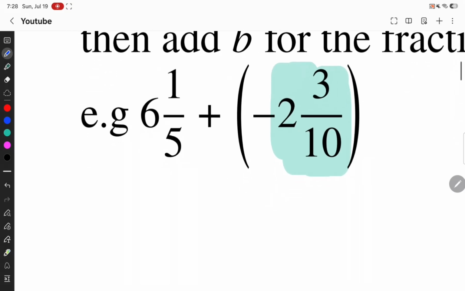You will not use negative 2. You will use the normal positive 2 to compute it, because this negative just says you're converting the magnitude bit of this quantity here in the bracket.